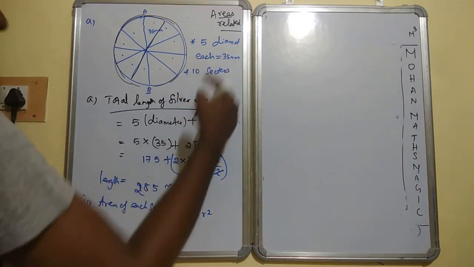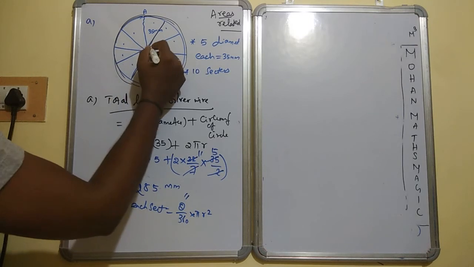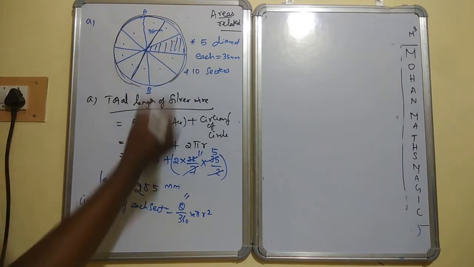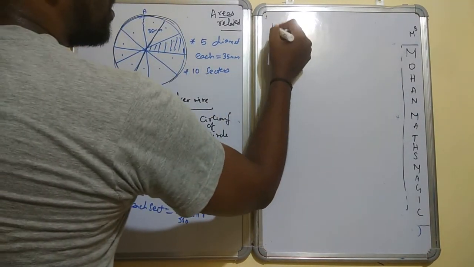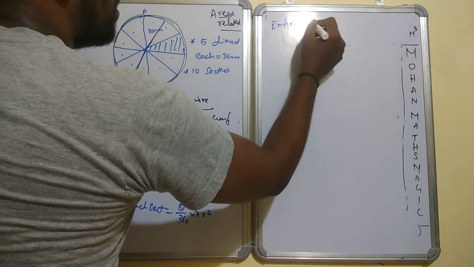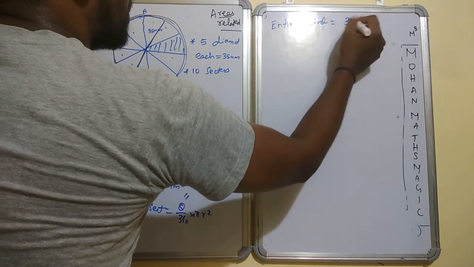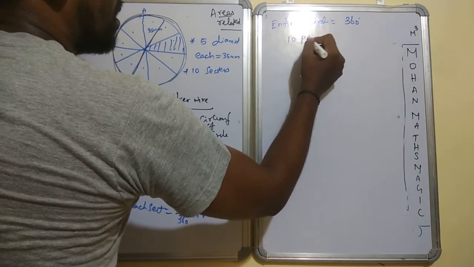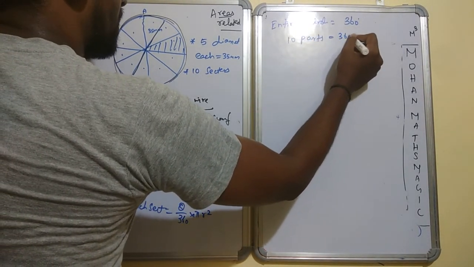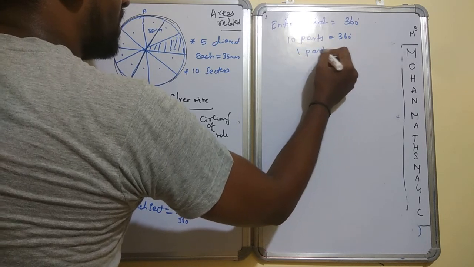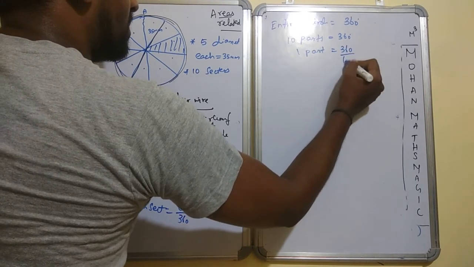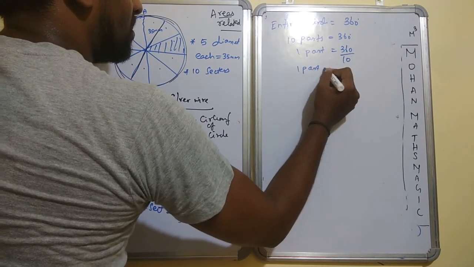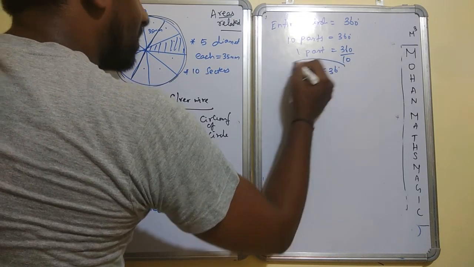The radius value 35 by 2 we know, but what will the theta value be for one sector? The entire circle, the full round, is how many degrees? 360 degrees. How many parts have they divided it into? 10 parts. So what degree for 1 part? 360 by 10. So 1 part is equal to 36 degree.